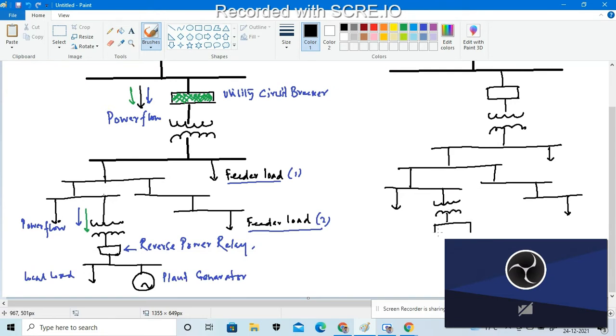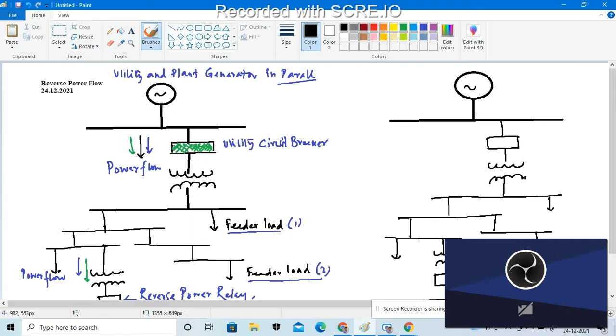Here also we are connecting a reverse power relay, and this is my local load and one plant generator that is connected. Same figure, but there will be some differences.